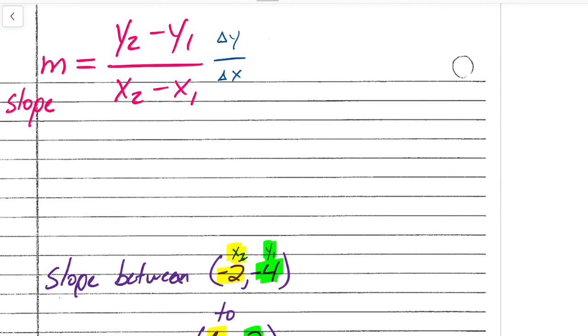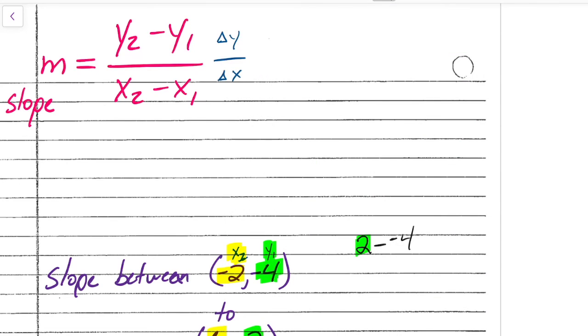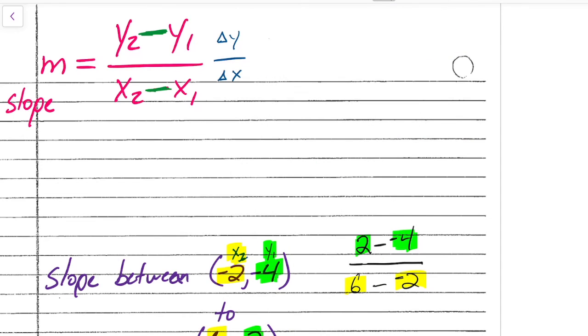So y2 in this problem is 2 minus y1 is -4. Okay, so remember those minus signs are there. That's what I plugged in. The minus signs up above on the formula, those are part of the formula. I didn't put those there. Then the bottom one, we do change in x, so x2, which is 6, minus x1, which is -2. And we said we do those in yellow, so 6 and -2.